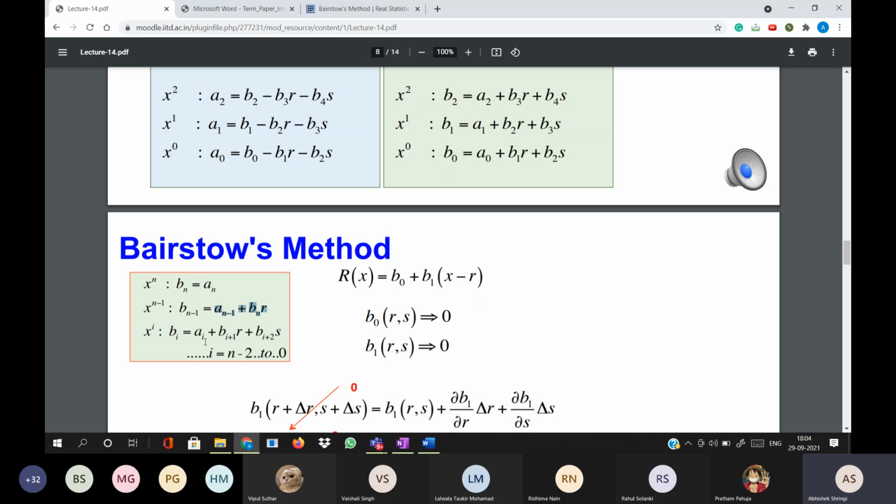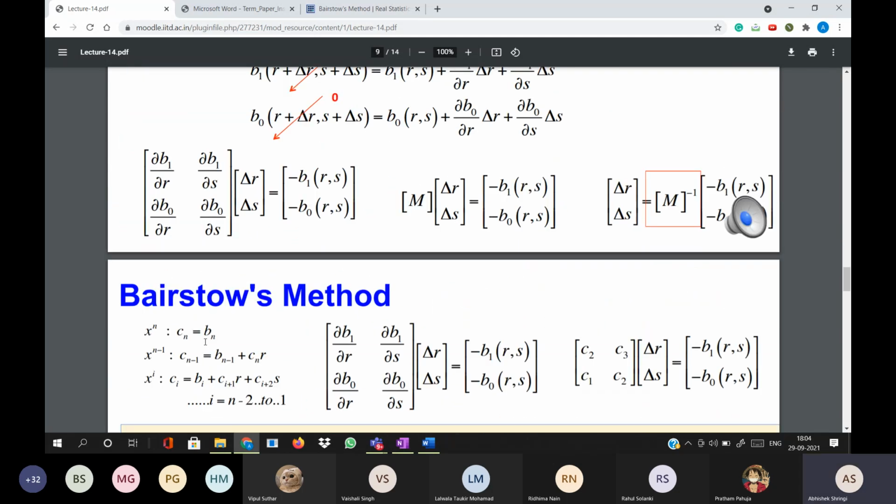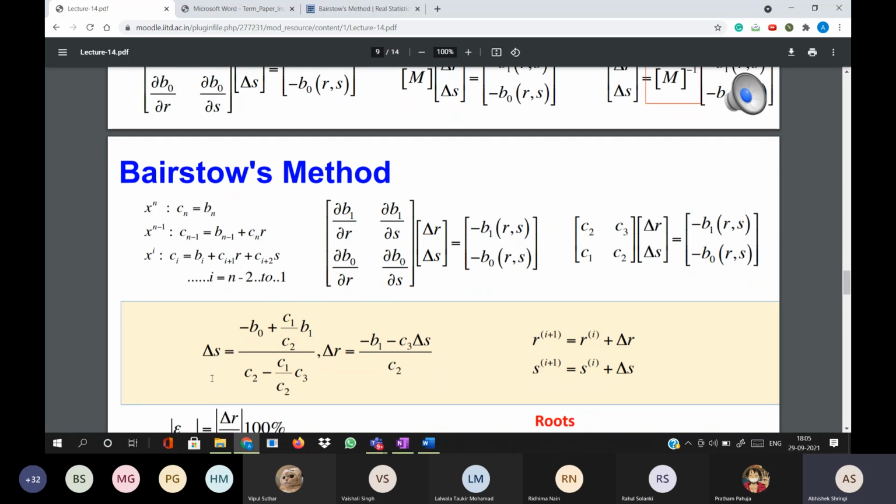Once you have all the b's you can find all the c's. This r and s are your present guesses. So you can find all the values of c0 to cn, and then you can predict the change in s and the change in r based on the values of b1, b0, c2, c3.